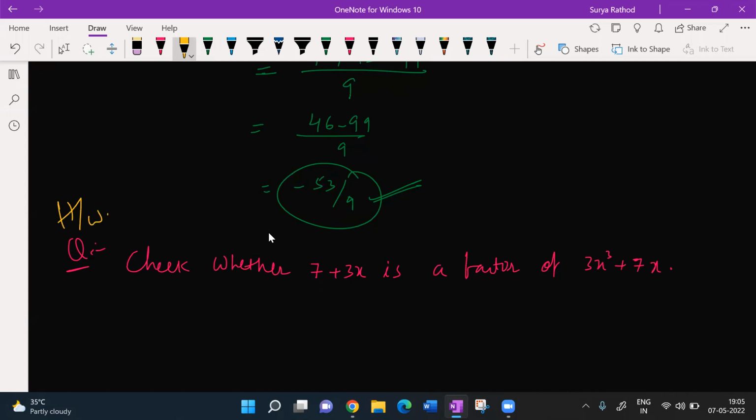I have the next class, beta, so let me join. Tell me whether it's a factor or not.